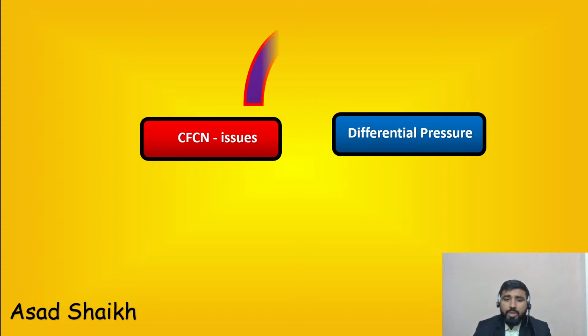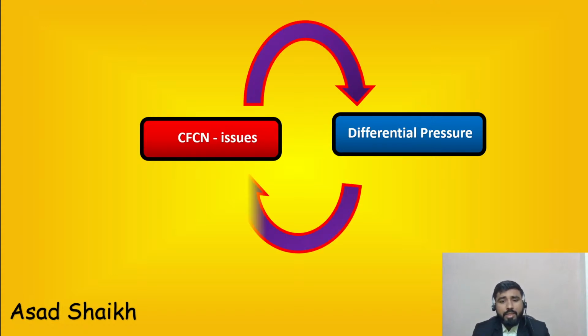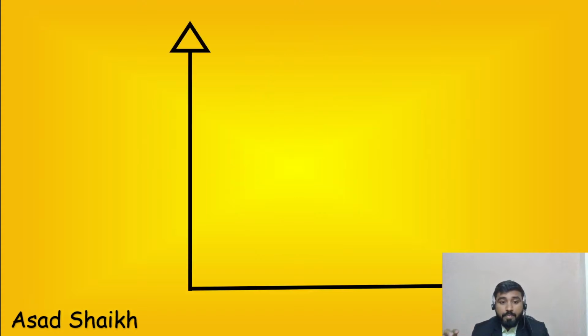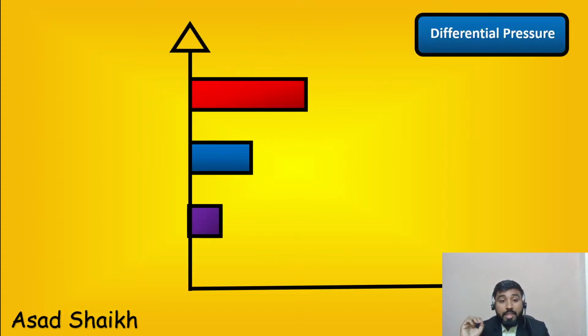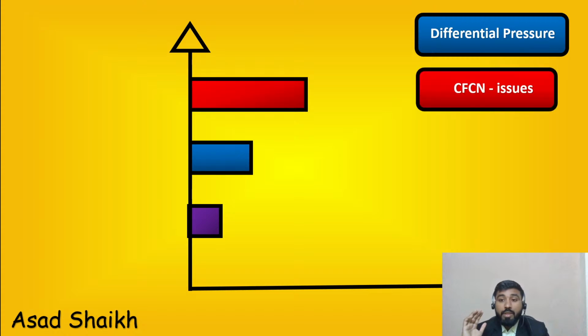So I see them as interrelated. For applications which have high differential pressure, or where you have already seen CFCN happening in your calculation, which valve should you choose? The answer has to be, out of the three, globe valves.